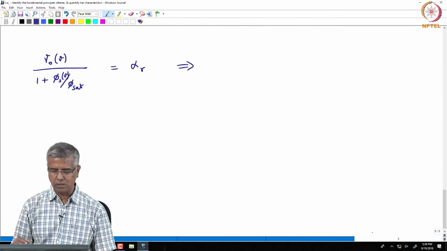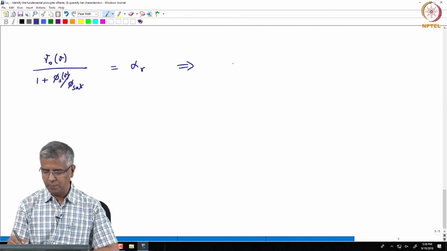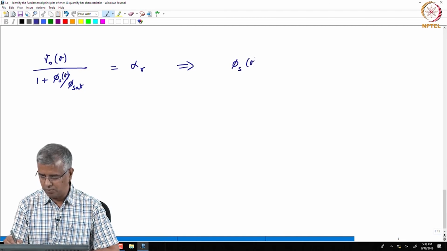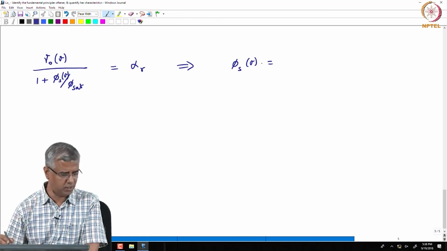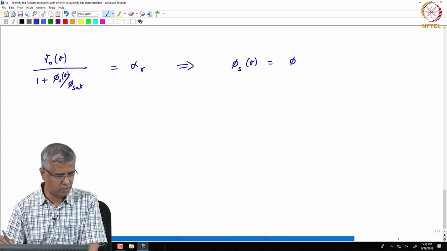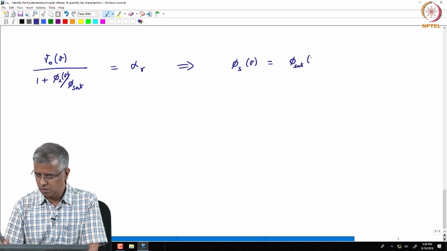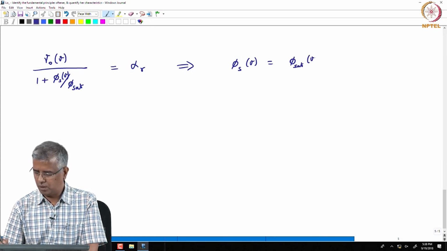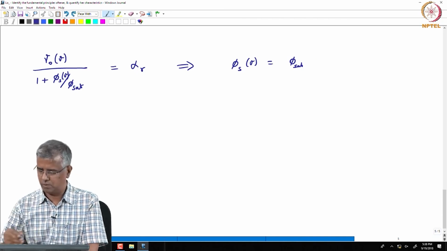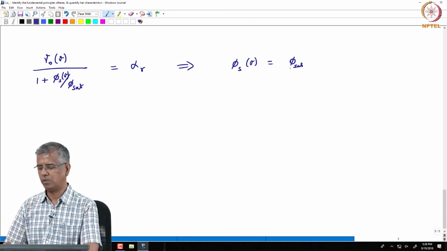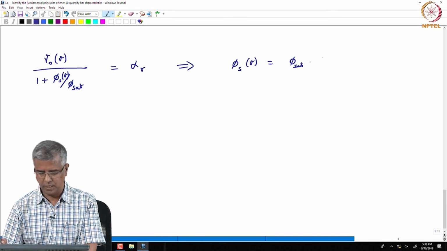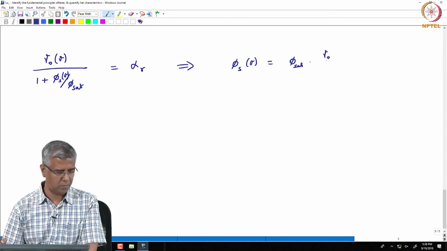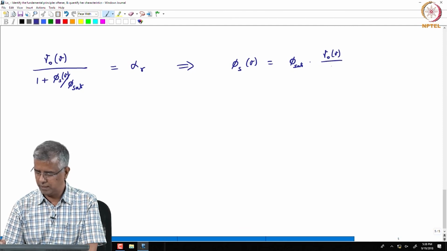Okay. So, come back to this. If I write this in terms of the signal flux, I can rearrange terms, and we do not have to say in terms of mu. So, phi s is going to be given by phi sat multiplied by gamma naught of nu divided by alpha r minus 1.